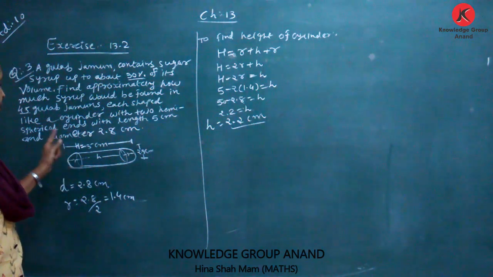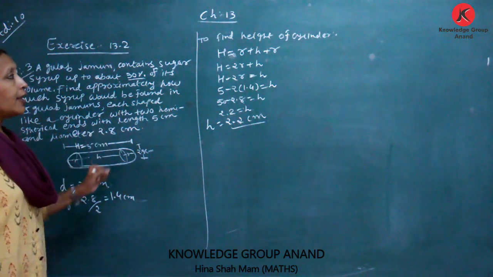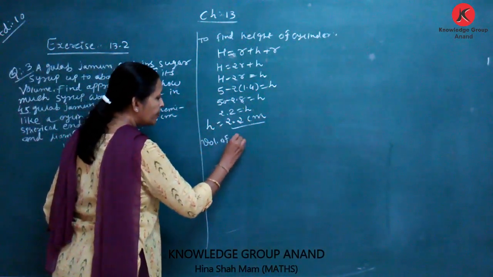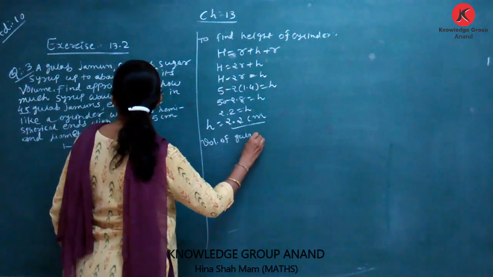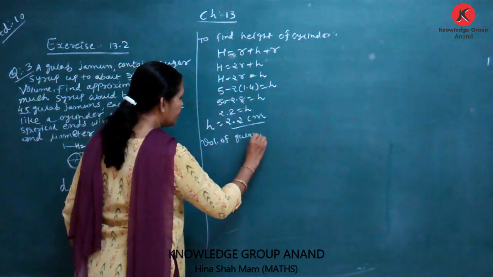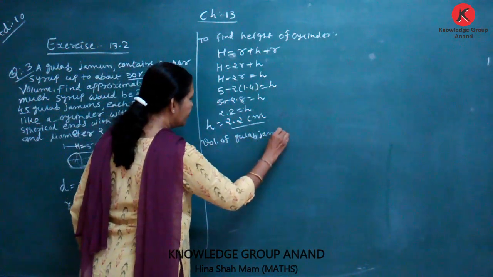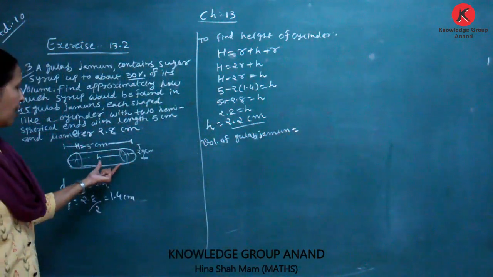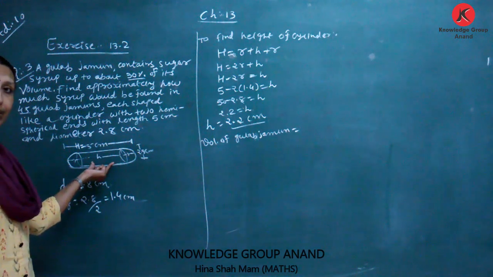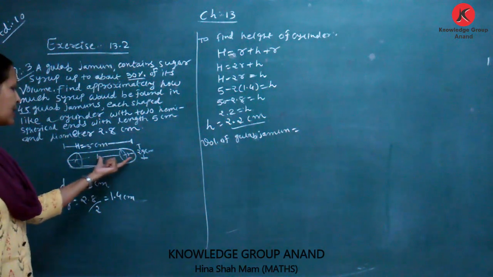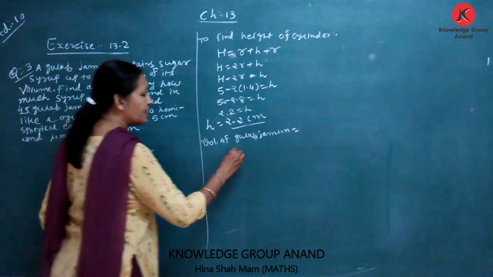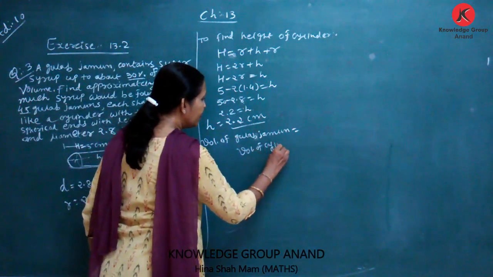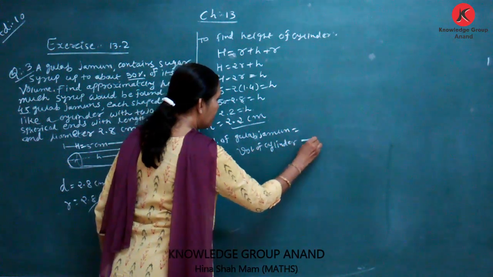Now, the volume of gulab jamun is equal to which two shapes combined? Volume of cylinder plus volume of two hemispheres.